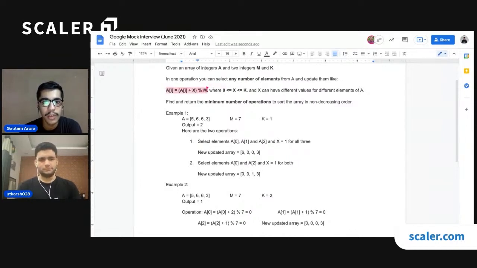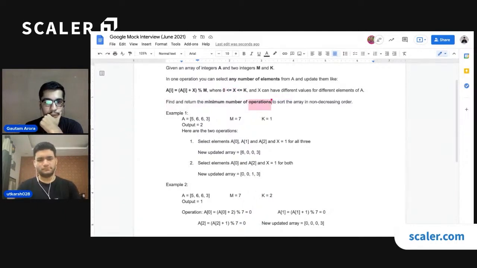What we can do is add x to any element and then mod it with m. The x value can be less than or equal to k, so it varies from 0 to k. And x can have different values for different elements of a. Now we need to find the minimum number of operations to sort the array in non-decreasing order.